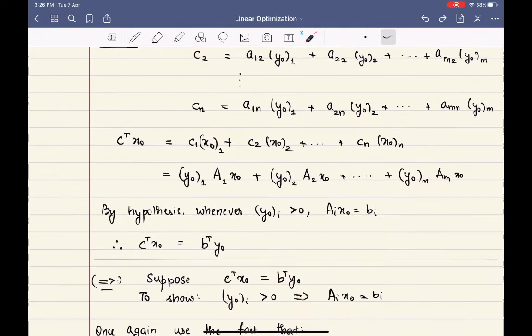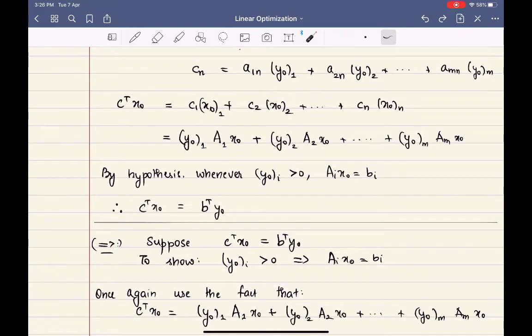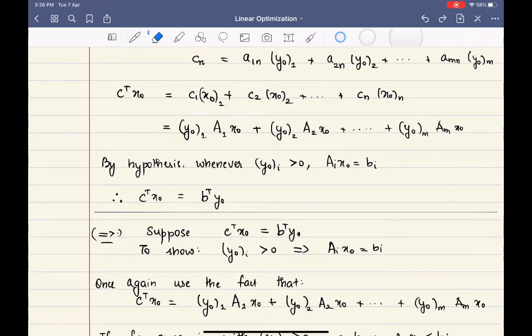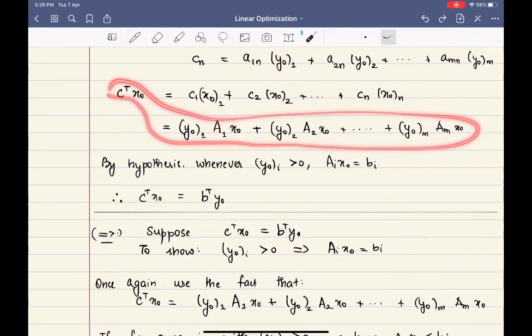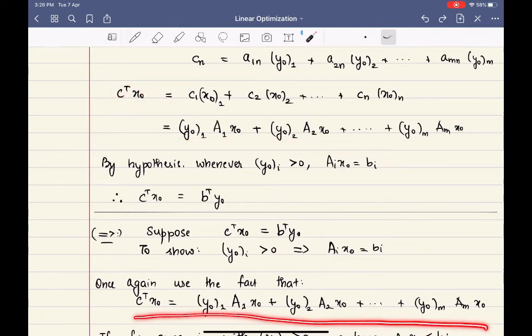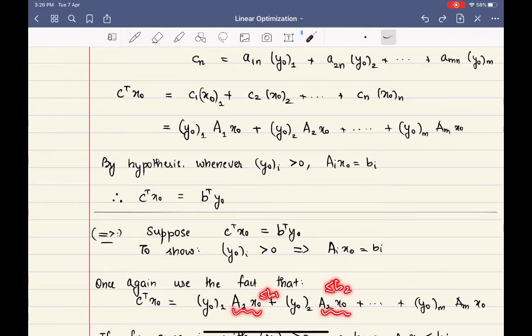And once again we make use of this fact that C transpose x0 is this thing. So let me rewrite it here. Now what do we know? We know that A1 x0 is at most b1, A2 x0 is at most b2, Am x0 is at most bm.